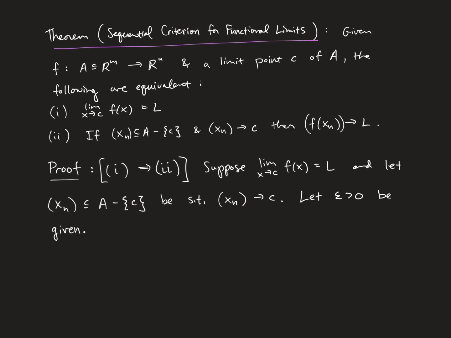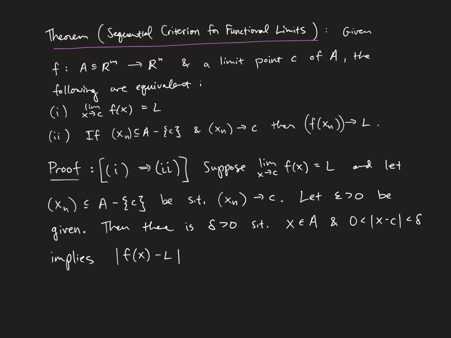So let epsilon greater than 0 be given. So then there is a delta greater than 0 such that x in A and 0 less than the absolute value of x minus c less than delta implies that the distance between f of x and L is less than epsilon.